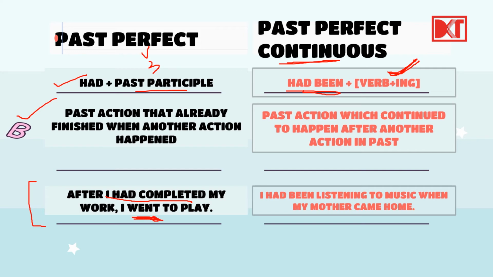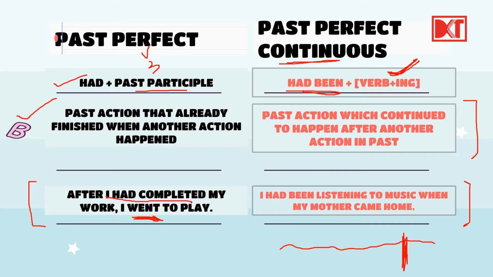Then past perfect continuous is used for a past action which continued to happen after another action in the past. Like here, I had been listening to music when my mother came home. Suppose this is the action of me listening to music. My mother came home when this action was happening, right? This action was continuous, so during this action, my mother came home.